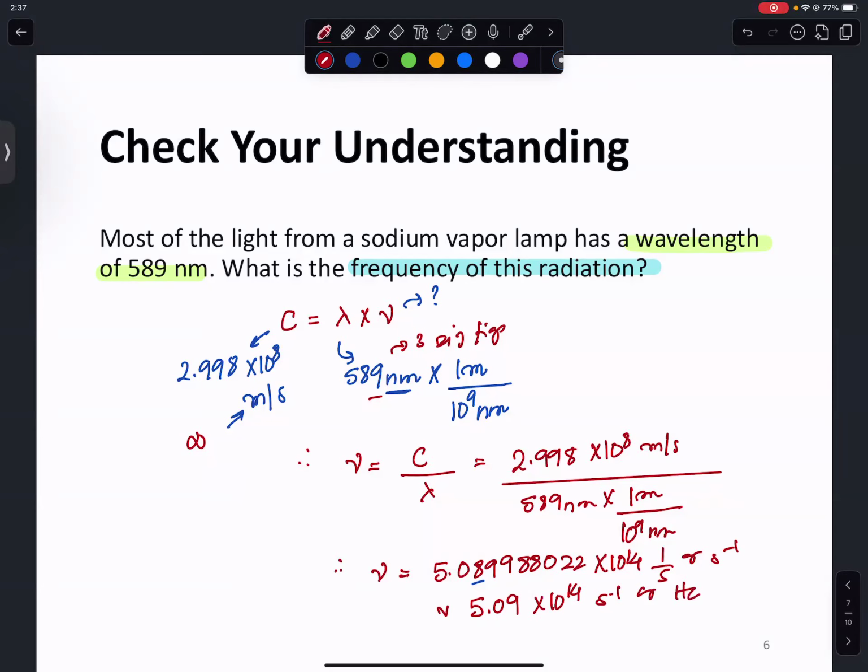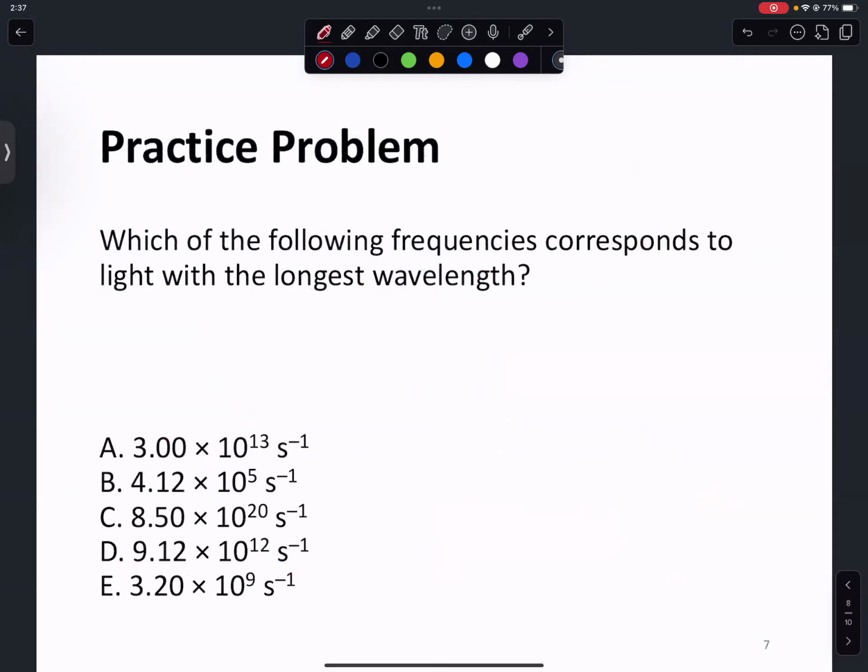All right. Now, I want you to pause the video and think about this question. This is a conceptual question, which relates the frequency to the wavelength, and it asks which of the following frequencies corresponds to the longest wavelength. So again, we can use c equals frequency times the wavelength.